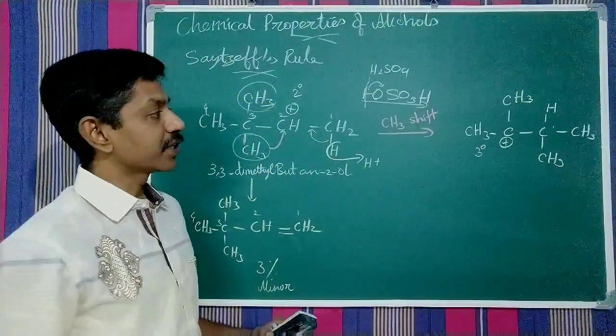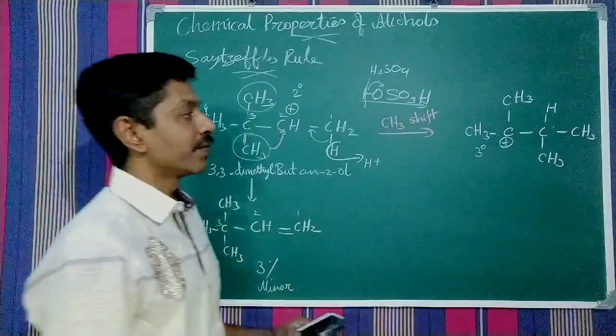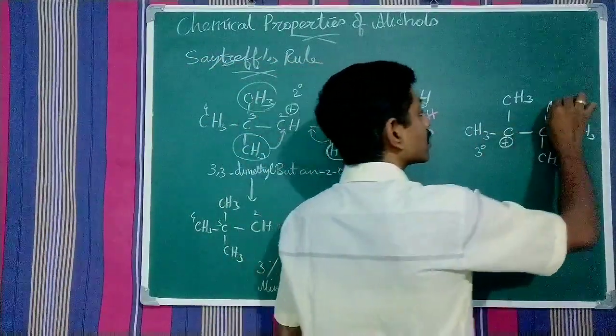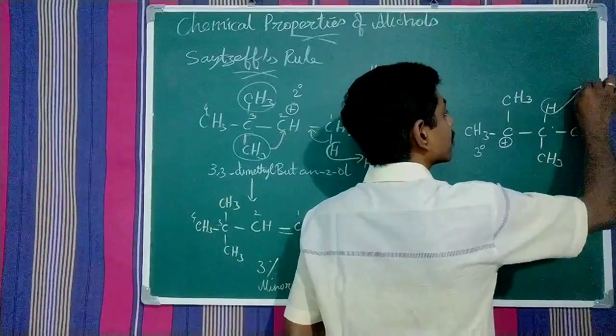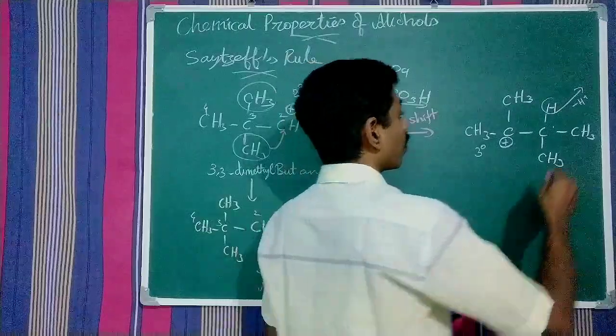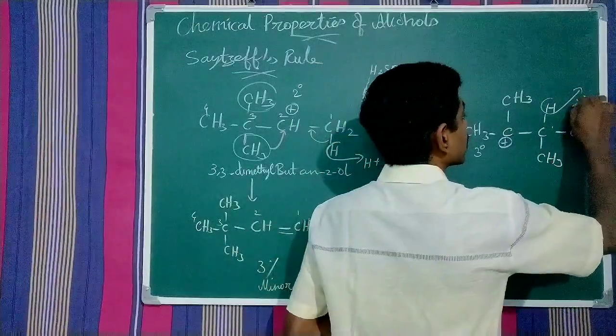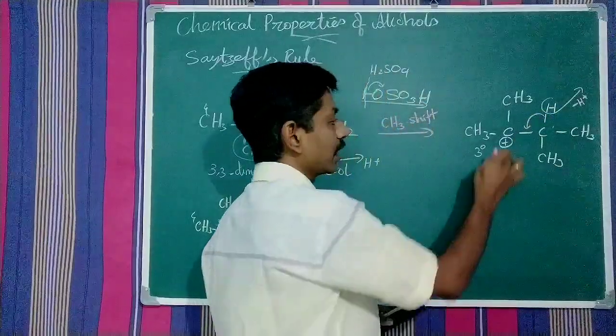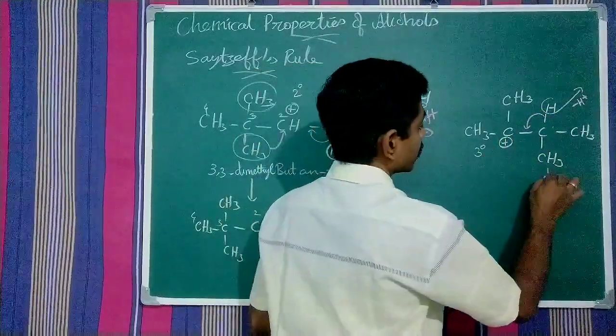In that tertiary carbocation also, we have to see how the hydrogen gets removed. There is one possibility of losing this hydrogen as H plus, then the double bond, if I am removing this as H plus, the bond gets shifted here, and the positive charge will get neutralized.